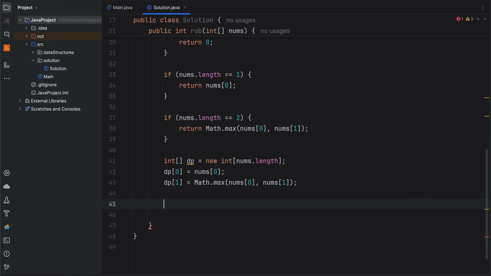Okay, and now we need to calculate the solutions of every single sub problem.